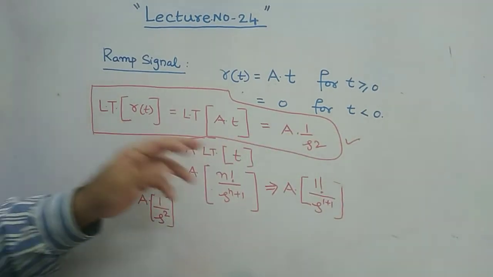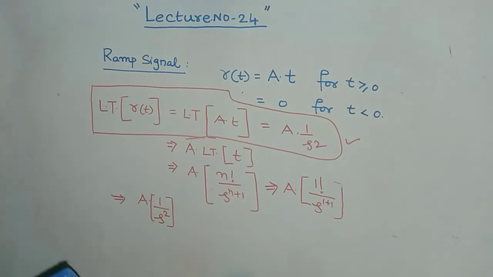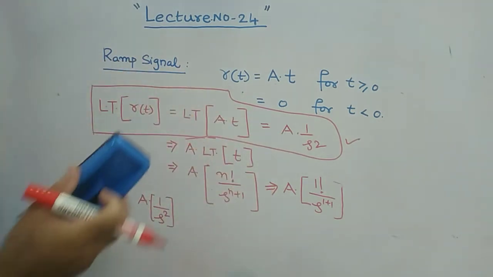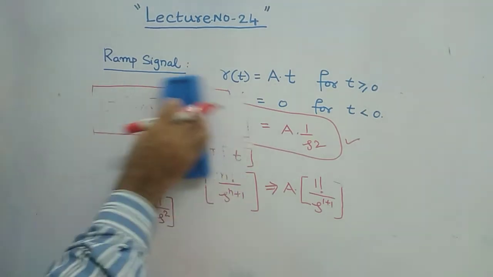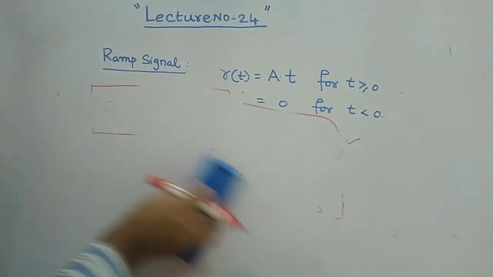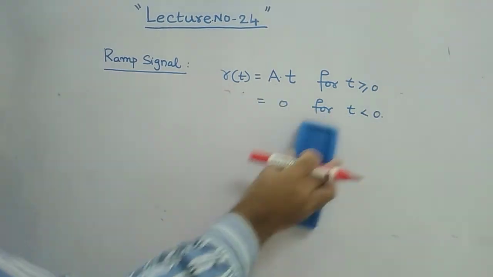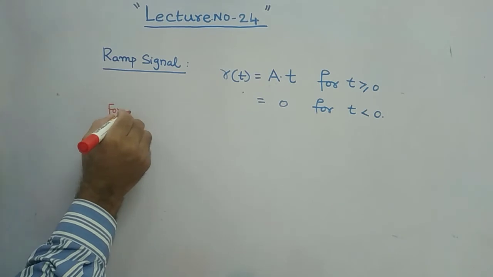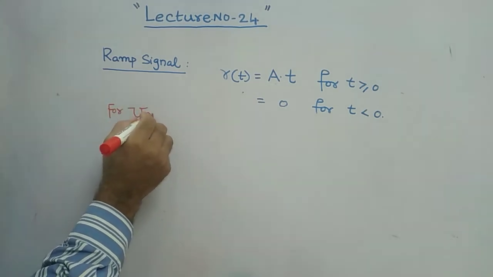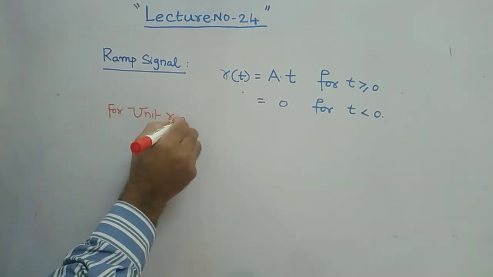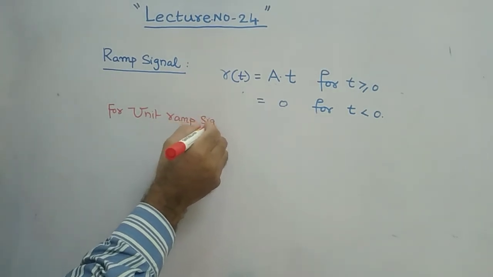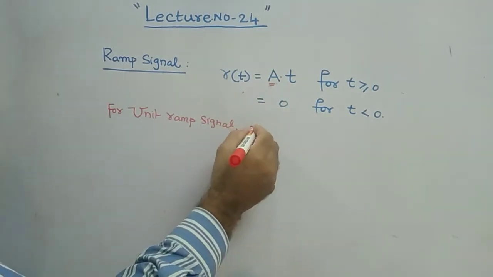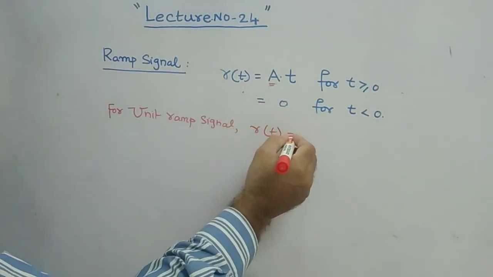And if you consider that the value of a is 1, then the name of this ramp signal becomes unit ramp signal. Therefore, for unit ramp signal, the magnitude a becomes 1, then obviously r of t is straightforwardly t only.